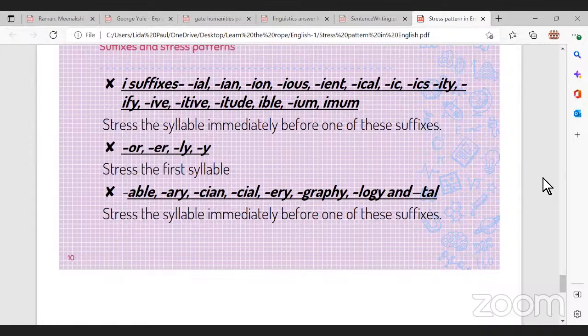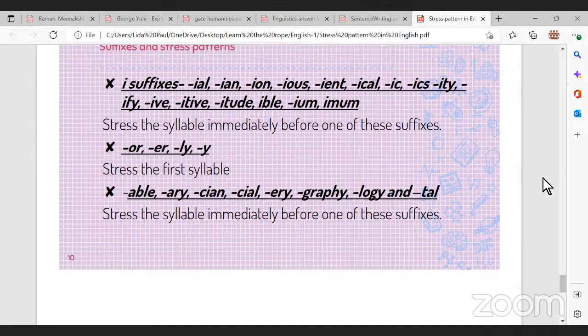Similarly, I suffixes will also take it on the penultimate syllable, right? So copious. Because it only has 2 syllables, it's going to take the stress on the penultimate, and here the penultimate is the first syllable, co, that gets the stress, copious, okay?